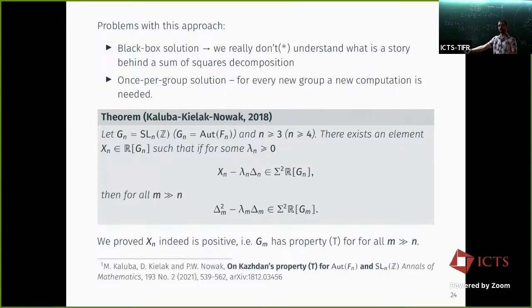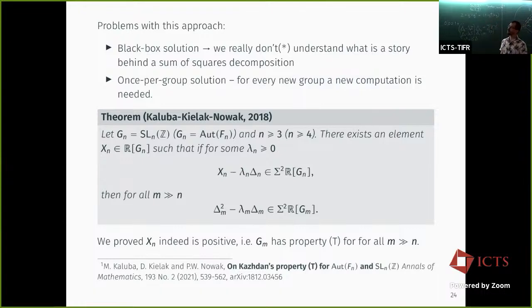A priori, on face value, there is no reason why the same thing, or Delta_4, why should this be related to this one, right? So every time you start with a new group, I have to do a new computation because those psi_i's might be completely different, maybe unrelated to this.